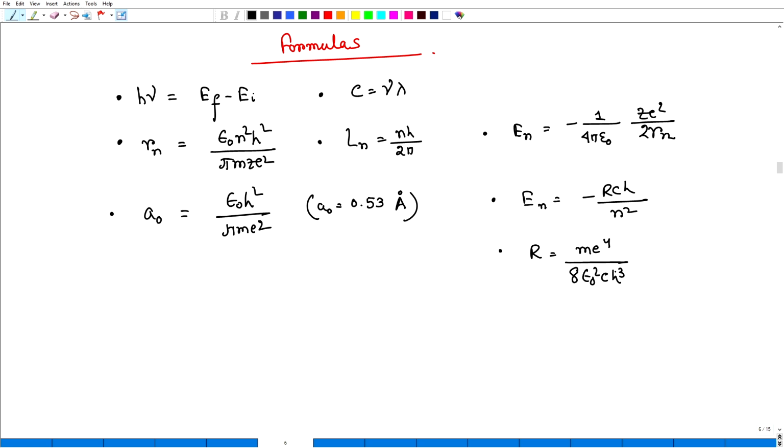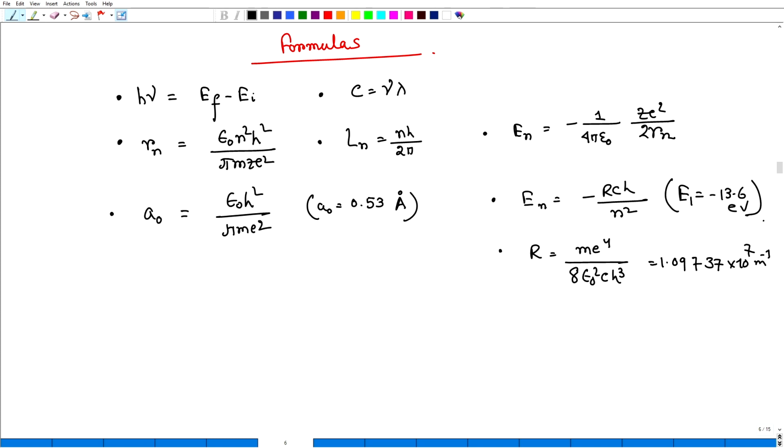This is for hydrogen atom. The value is 1.09737 into 10 to the power 7 meter inverse. The ground state energy of the hydrogen atom, E1, is 13.6 electron volt.